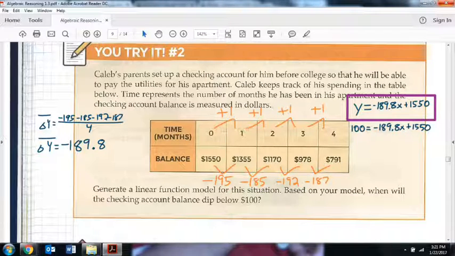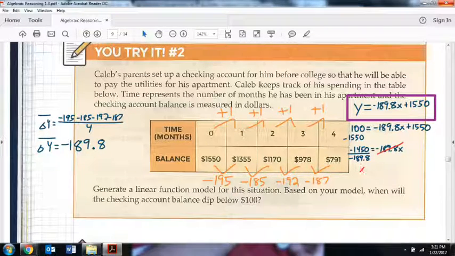We subtract 1550 from both sides, and 100 minus 1550 equals negative 1450. So negative 1450 equals negative 189.8x. And then since we're multiplying, we have to divide to get rid of it. So we're going to divide by negative 189.8 in order to cancel that out.